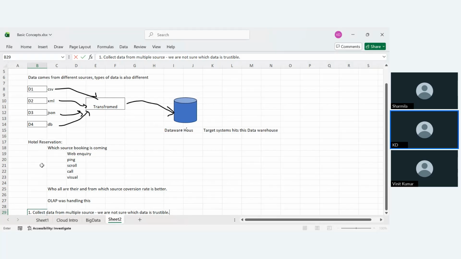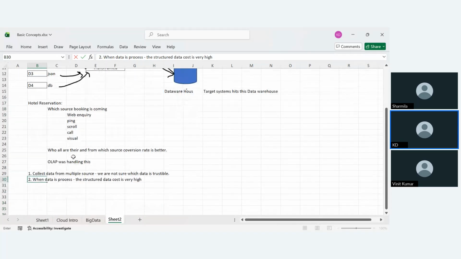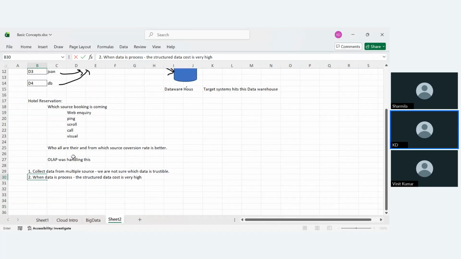Then the second thing is when data is processed. When data is processed, the structured data cost is very high, right? Because when data is processed, it will be stored in a proper tabular form, and that tabular form needs to follow a lot of database integration rules.